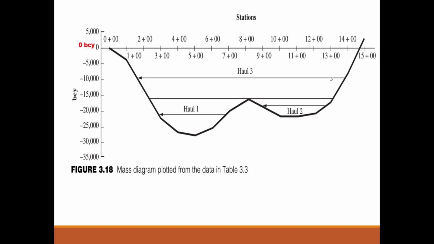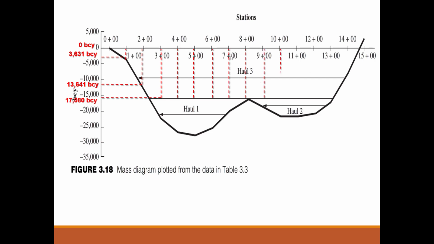So let's do that. For station 1, this is the number 3631. Station 2, the number is 13641. Station 3, the number is 17080, which goes all the way to 4, 5, 6, 7, 8, 9, 10, 11, 12, 13. They have the same exact number, 17080.